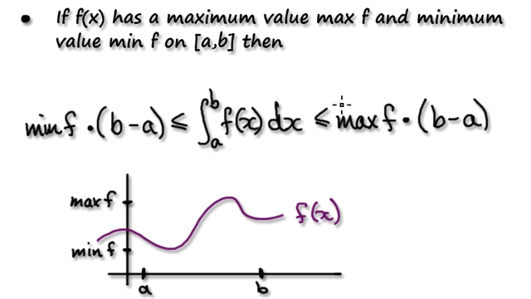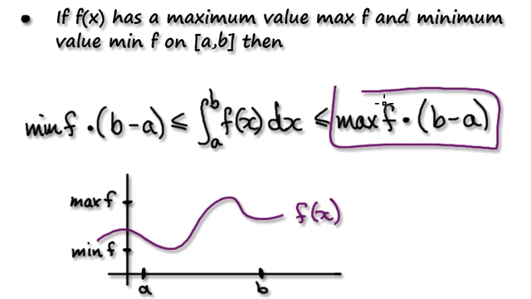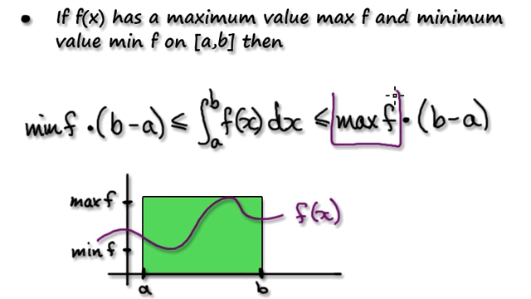And then if you look at max f now, this area here is given by this, okay. Bear with me. When you look at this, max f here is the highest value within our interval.